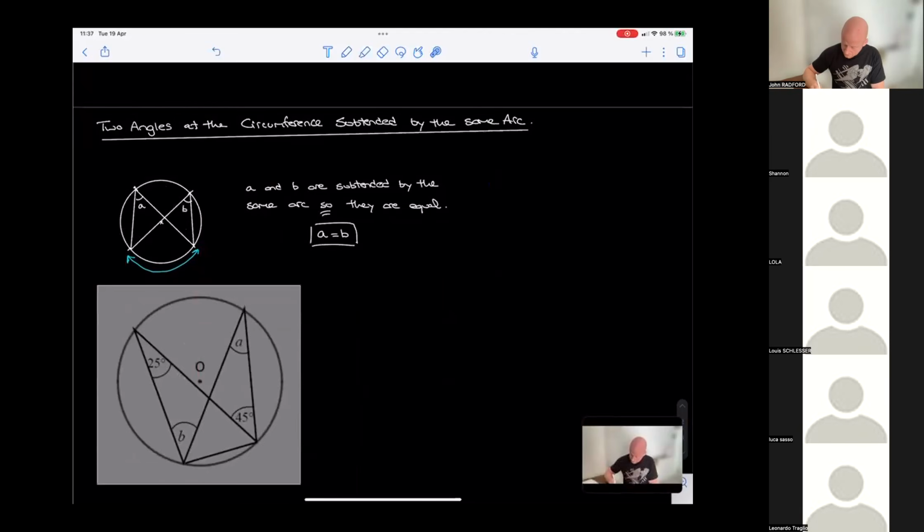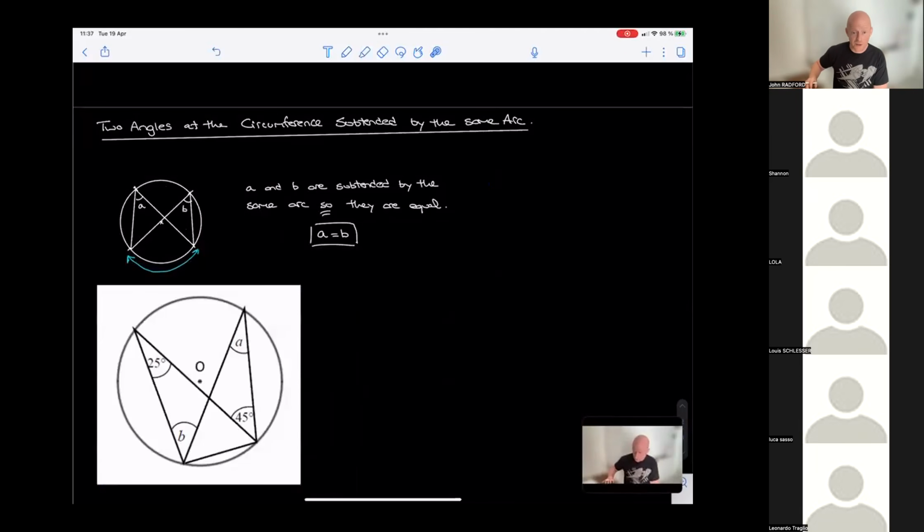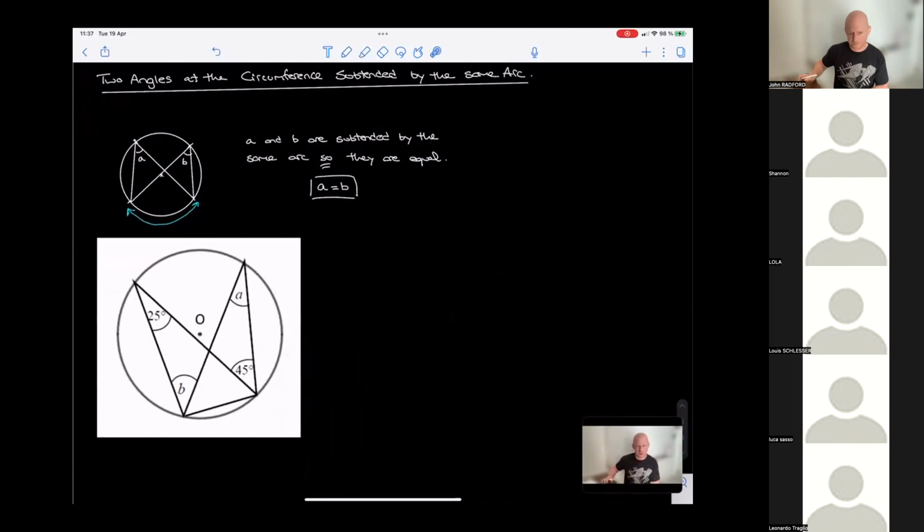This is actually from the worksheet that I shared with you, the notes I shared with you guys. So here's the deal. You're given this, and you have to find angles A and B. Hopefully you can tell how to do this.